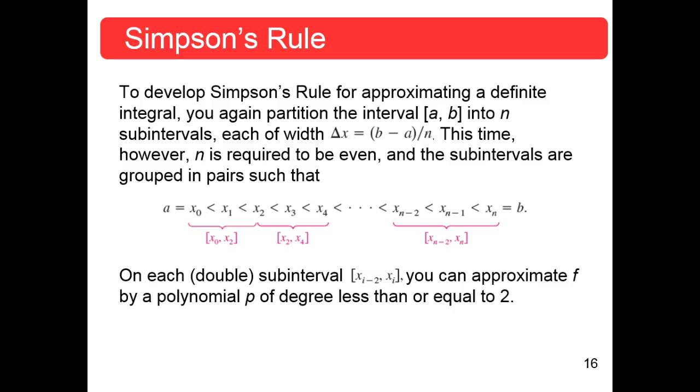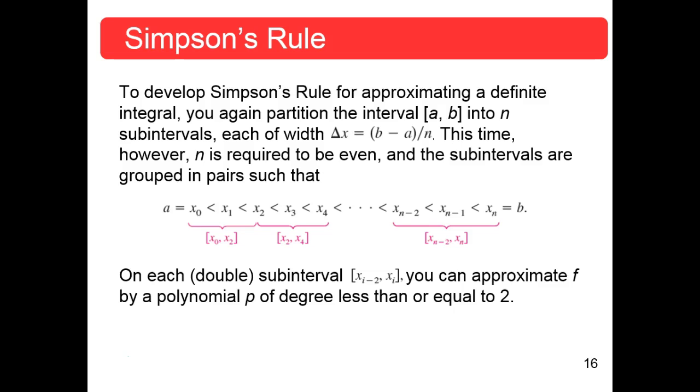This time, however, n is required to be even. And the reason for that is the subintervals are grouped in pairs, therefore the n has to be even. Before it didn't. For a trapezoid rule, it didn't have to be even. This time you just have to have an even number of subintervals.